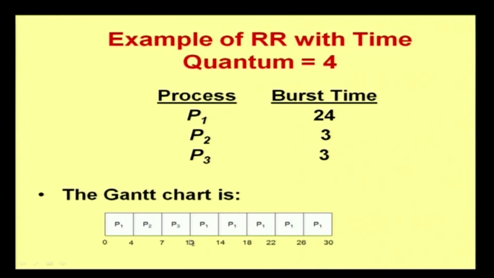So these processes got executed, but P1 is not in a completed state: of its 24 milliseconds of burst time, only 4 milliseconds got executed. It has been left with 20 milliseconds, and all the 20 milliseconds cannot get executed in a single go because the CPU has a time slice of only 4 milliseconds. So these 20 milliseconds will be divided into 5 parts, with a split for every 4 milliseconds.